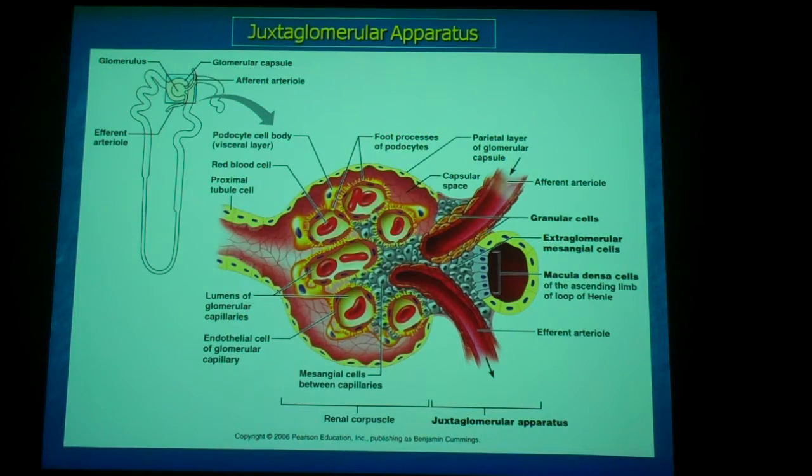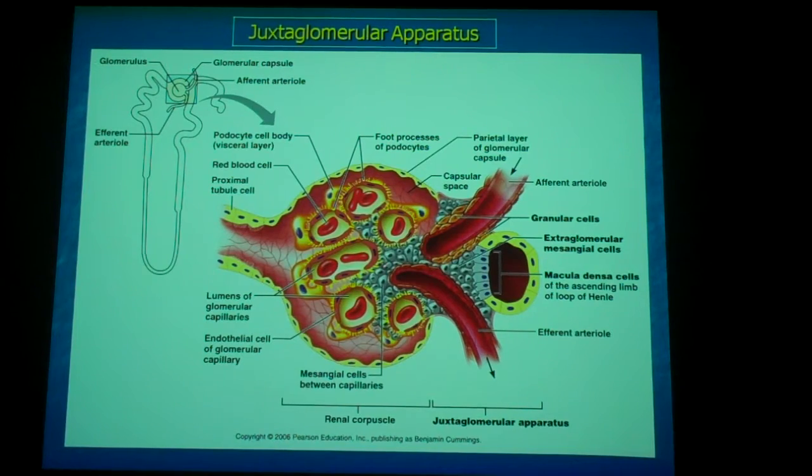Some of them are inside, wrapped around and amongst the twisted part of the capillary, and some of them are just outside. So these would be intracapsular or glomerular mesangial cells. These would be extracapsular.